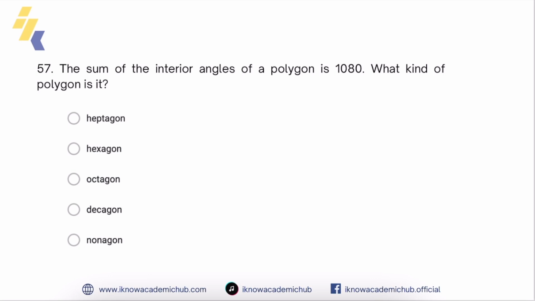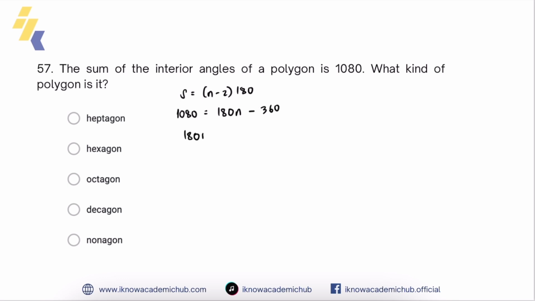57. The sum of the interior angles of a polygon is 1080. What kind of polygon is it? So we are given the sum of the interior angles, and we are to know the number of sides. The formula is the sum equals the number of sides minus 2 times 180. So 1080 equals, distribute 180, so we have 180n minus 360.